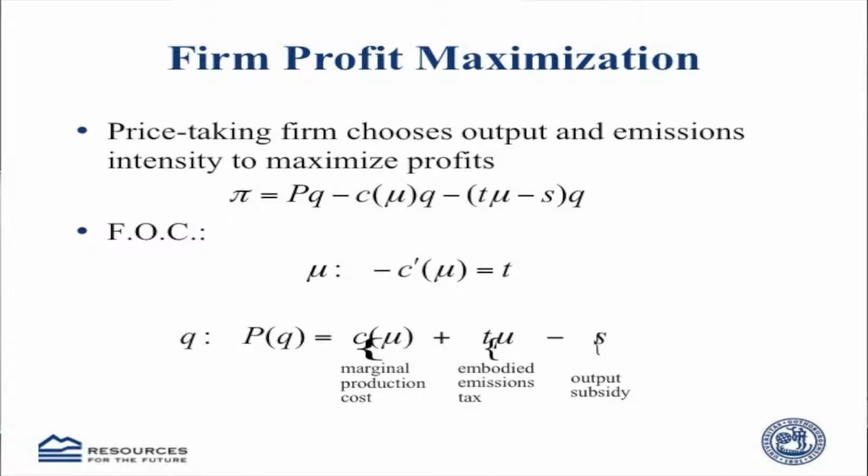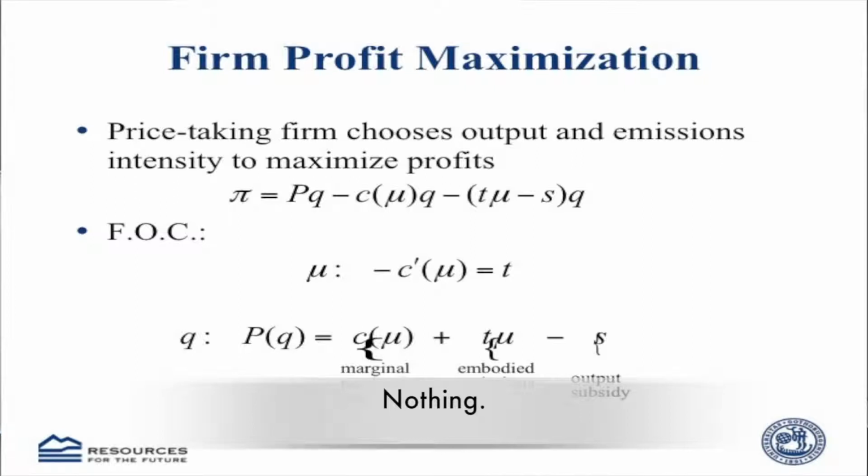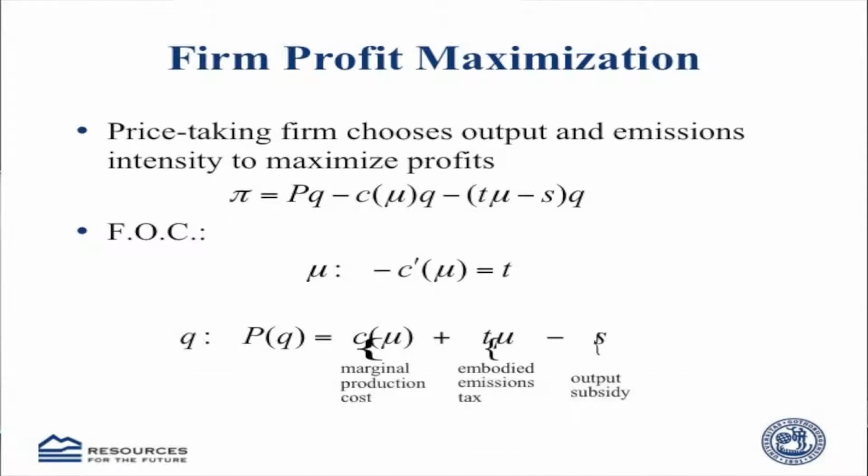In equilibrium, the price is going to equal the marginal cost plus whatever the net tax is. So what happens to profits? Nothing really. Nothing, exactly. It gets passed on to consumers.